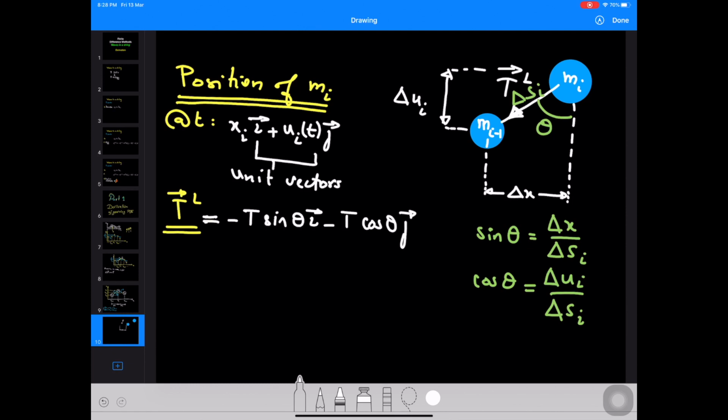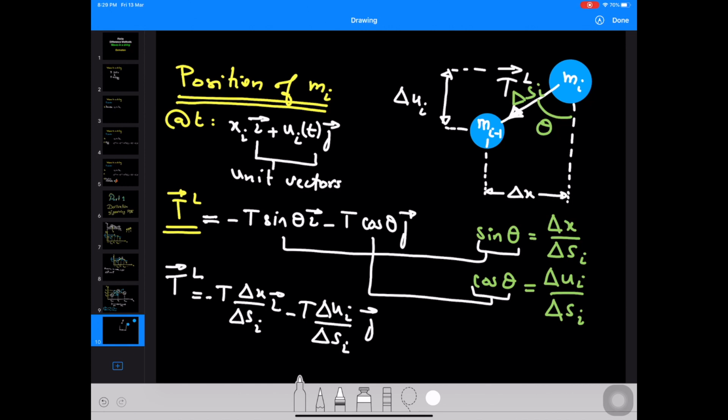Now if we substitute sine theta equals delta x over delta si here, and doing the same for cosine theta, then we can arrive at this.